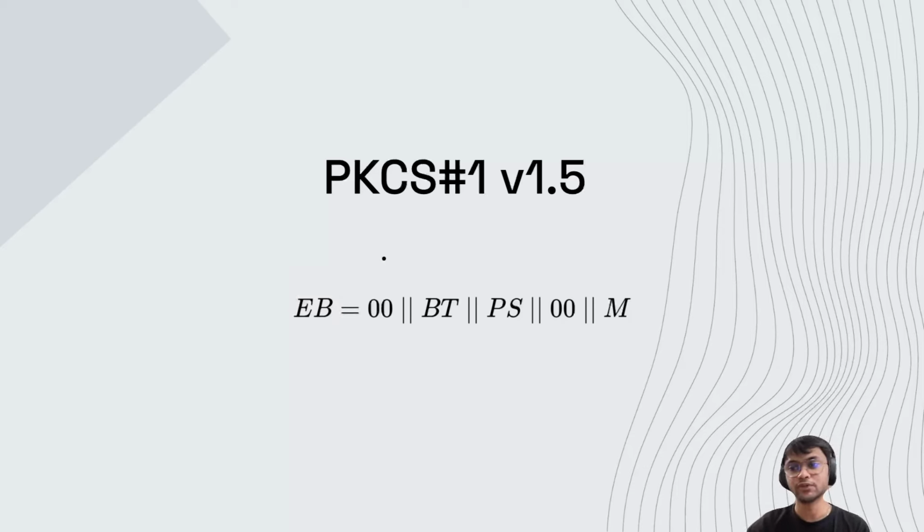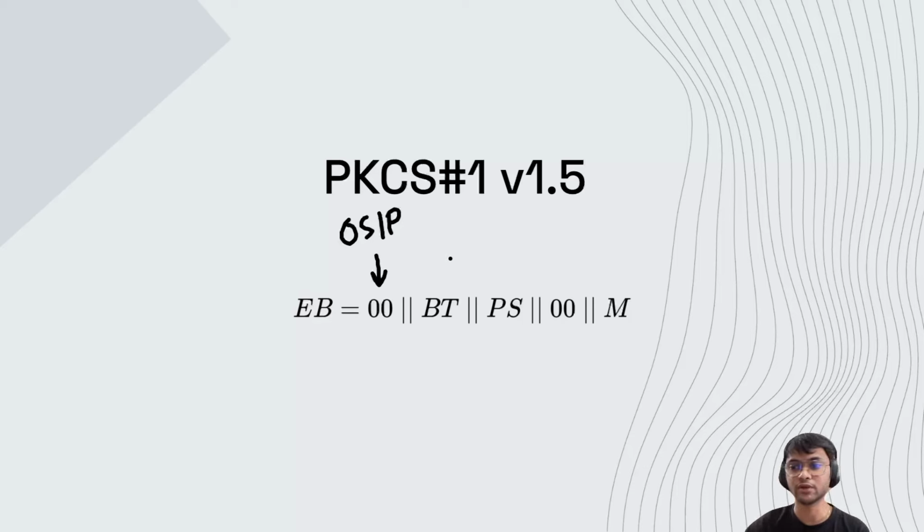Here, 00, or the leading 0 byte, is always at the front. This is by construct. It ensures that the concatenated string, when converted to a big integer using the OS2IP formula, is always less than the RSA modulus. That is, we don't end up with a number too large for RSA to handle.